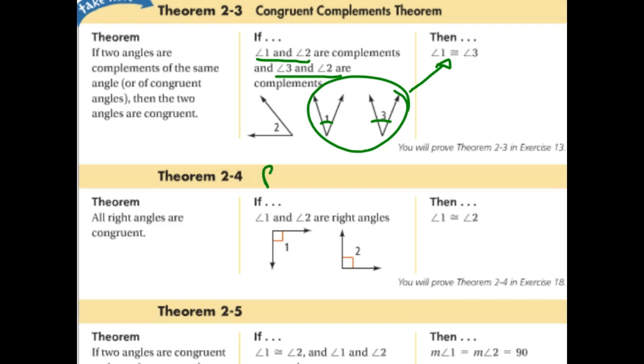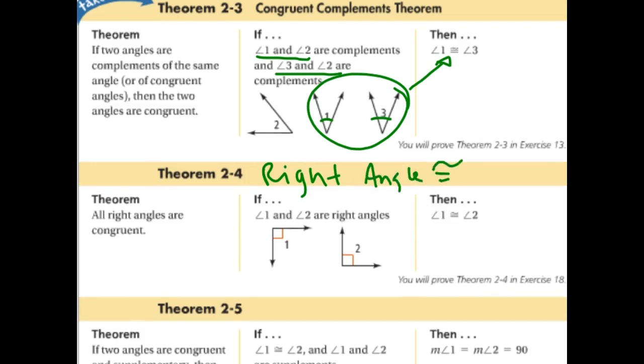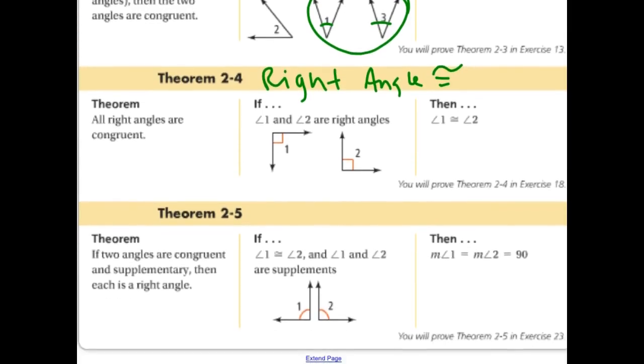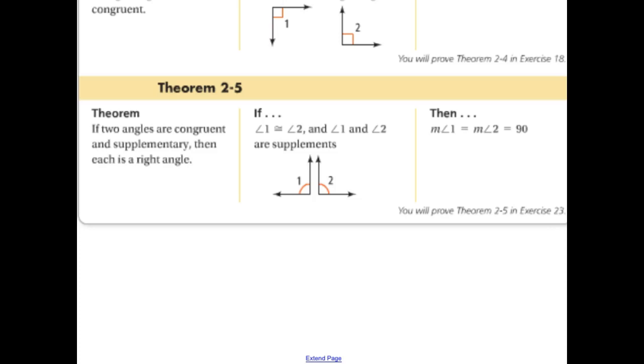This one is called the right angle congruence. You got to put that name in. Basically, it says all right angles are congruent, which should make sense. They're all 90, they should all be the same. Then this one builds off of the right angle congruence.